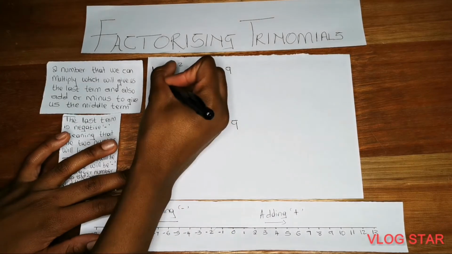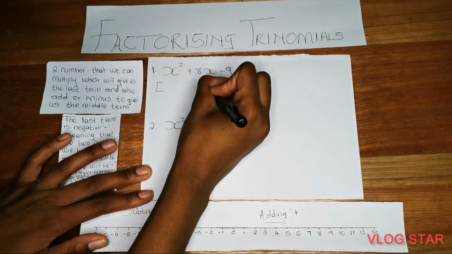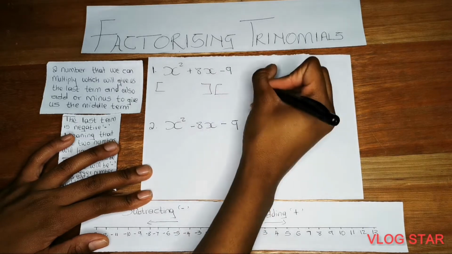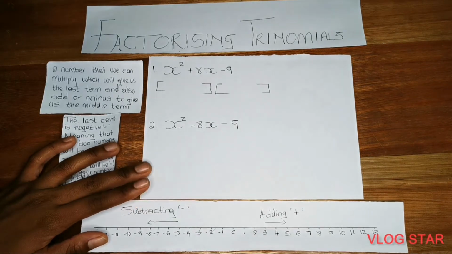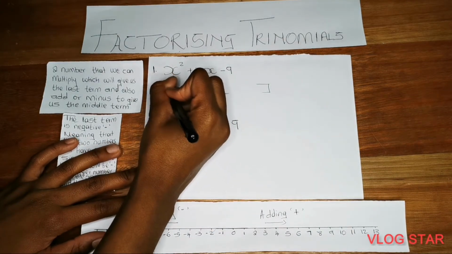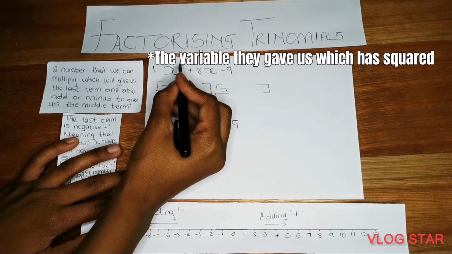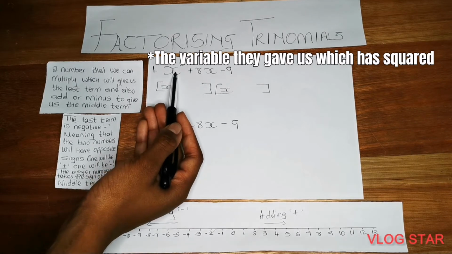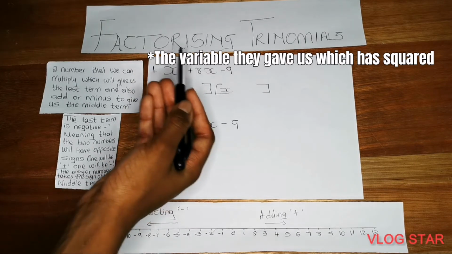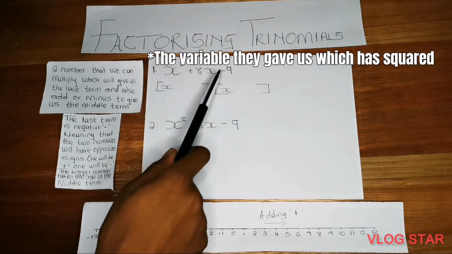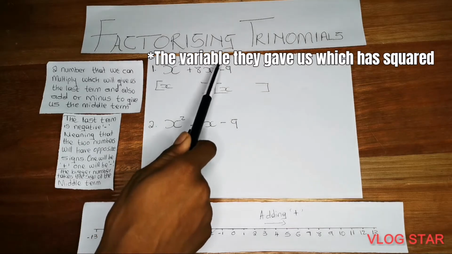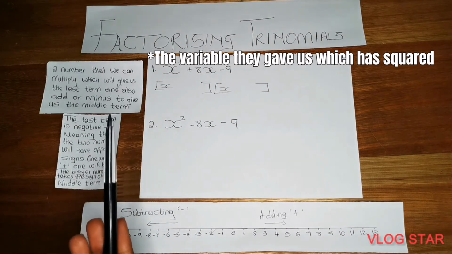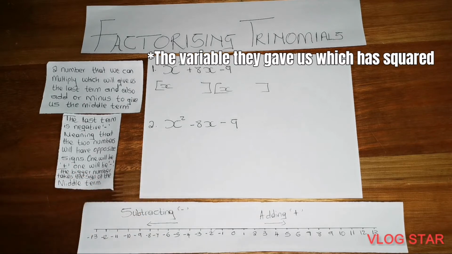So as we know, we're going to have two brackets, right? We first start with putting the variable they give us, which has the x squared, because x times x leads us back to the x squared. We have our last term being negative, so meaning that we're going to have two opposite signs.